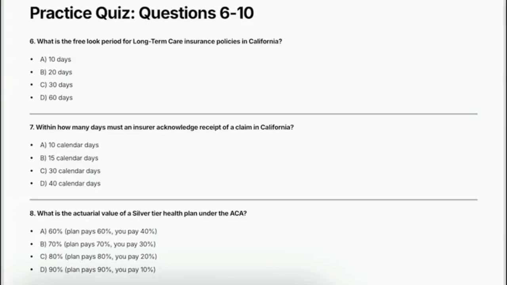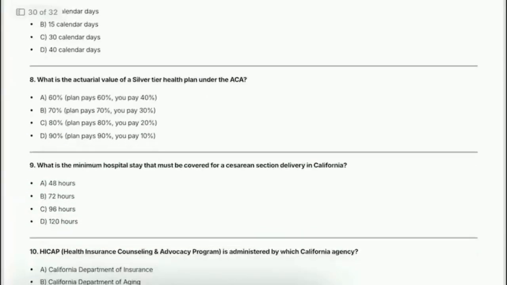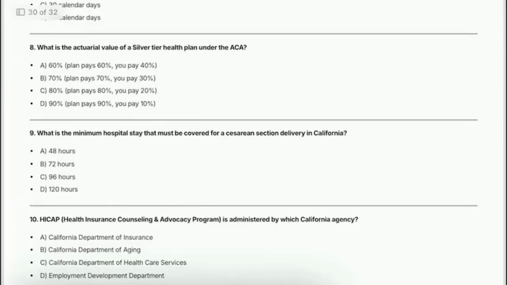Number 8, what is the actuarial value of a silver tier health plan under the ACA? 60%, 70%, 80%, or 90%? Number 9, what is the minimum hospital stay that must be covered for a cesarean section delivery in California? 48 hours, 72 hours, 96 hours, or 120 hours?